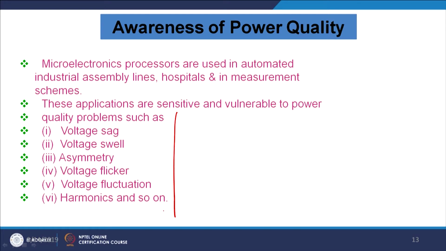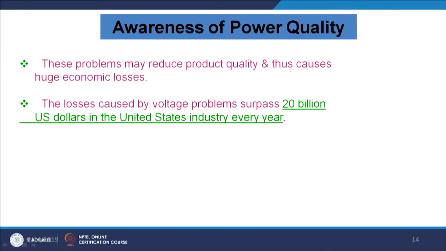That is, power quality has the following problems mainly: voltage sag, voltage swell, asymmetry, voltage flicker, voltage fluctuations, harmonics and so on. The problems may reduce product quality and cause huge economic loss, even though the basic purpose gets defeated.